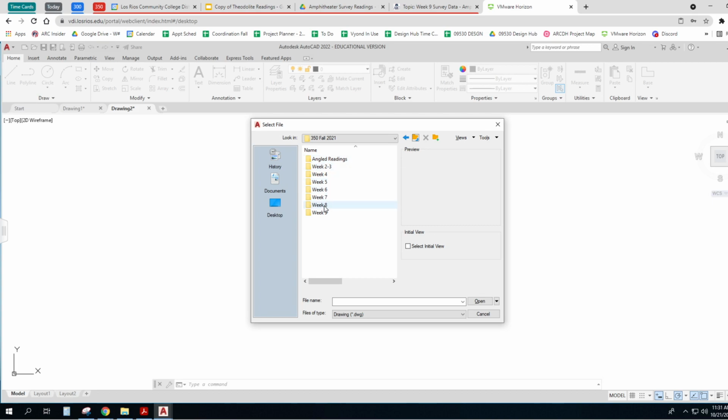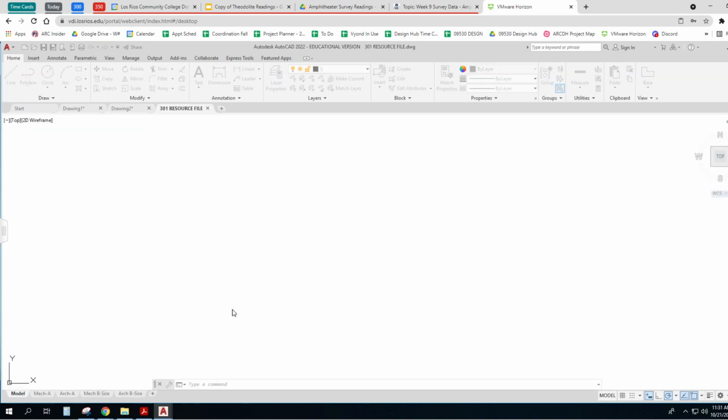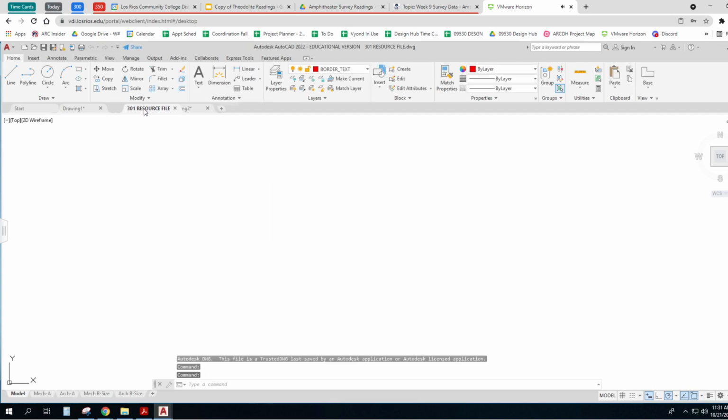You remember where the resource folder was? I'm not positive. I know I've got it in my 301. There it is. I know it's in the discussion board with the readings. That's all I did, I just put it in there.